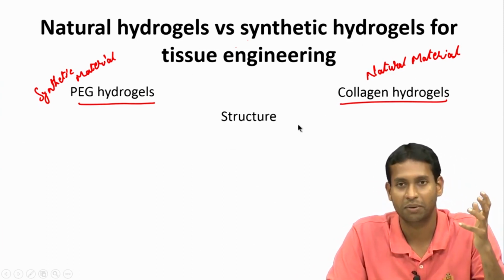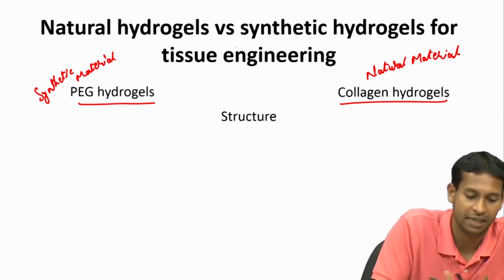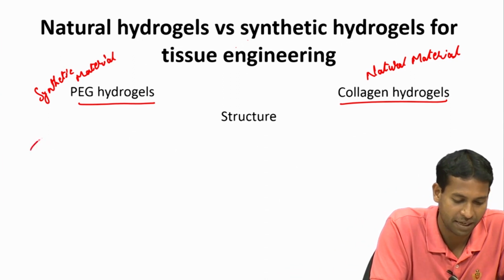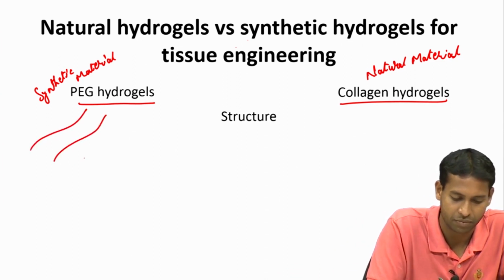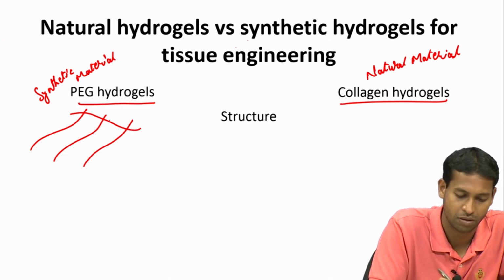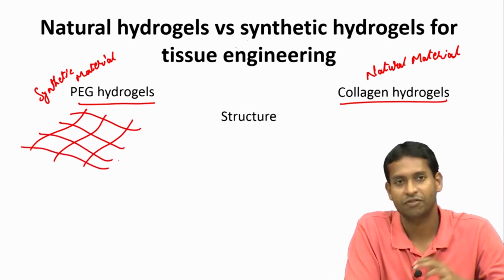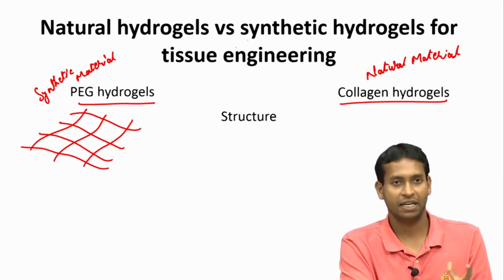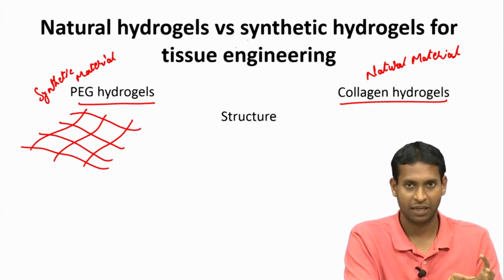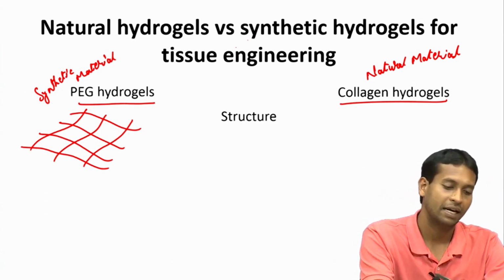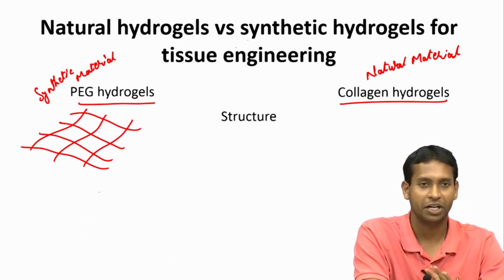So let us see, let's talk about the structure in general. Typically this goes back to what we already discussed with the PEG hydrogels. If you have a PEG hydrogel, you will get chains which are cross linked either physically or chemically, depending on the functional group that is present on these PEG, mostly chemically, and there will be a random orientation of them.